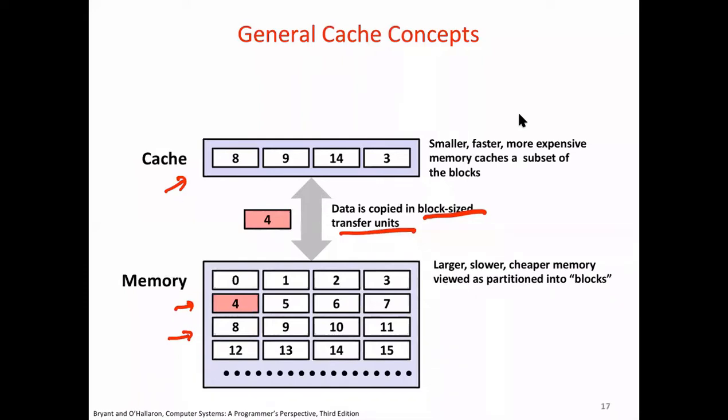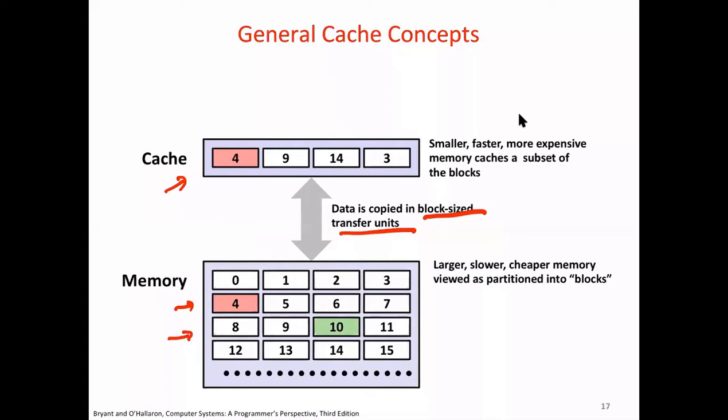So one of these blocks must be evicted, and in that case 4 will be written where the block containing 8 is. The logic could be anything. You will possibly study in your OS course least recently used and so on. Those kinds of policies are there, so here also we can apply those policies, but we'll not discuss it now.